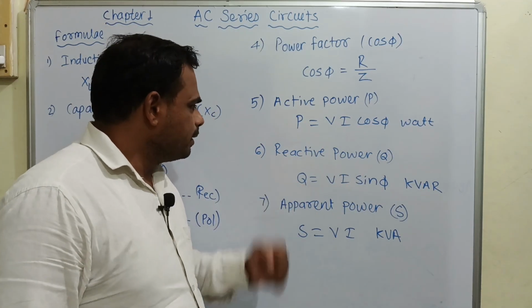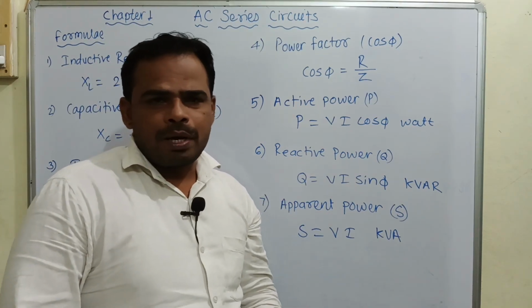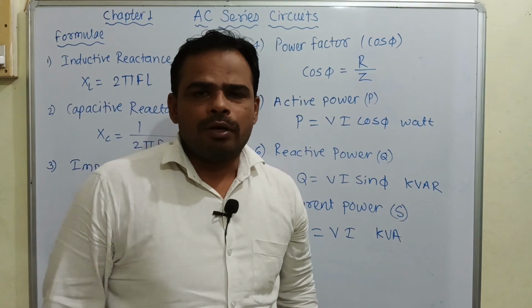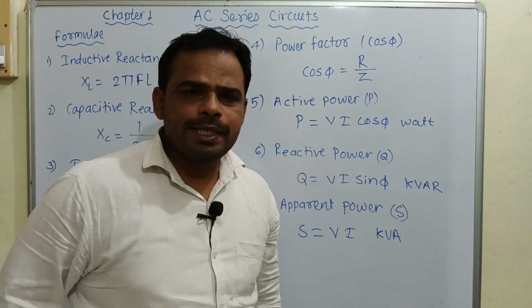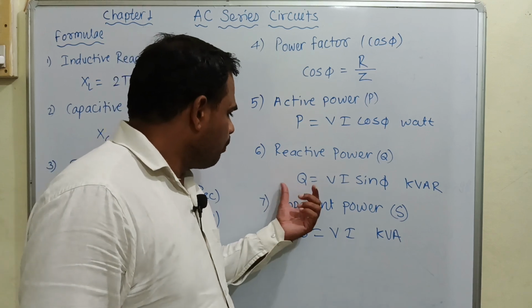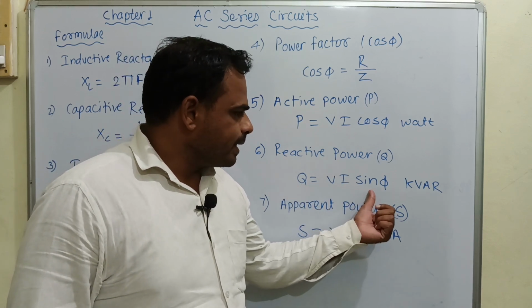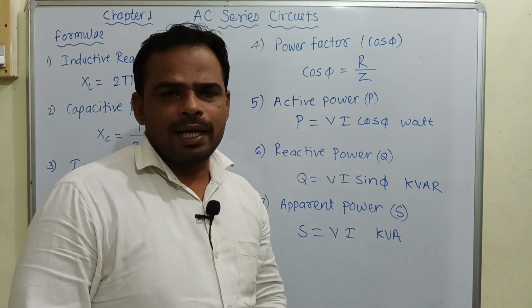Next definition is reactive power. Reactive power is another type of power which is generated by capacitor or inductor in a circuit. This power is imaginary power. The formula for this power is Q is equal to VI sin phi, and the unit of this power is VAR, kVAR.